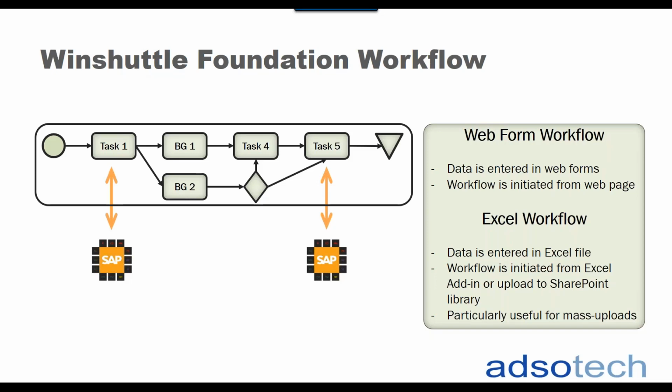Data is entered in web forms, and typically you have different people, different teams of users who are part of the workflow. You have maybe some approval steps, and typically these workflows connect to SAP at some point, maybe in the beginning or maybe in every step.